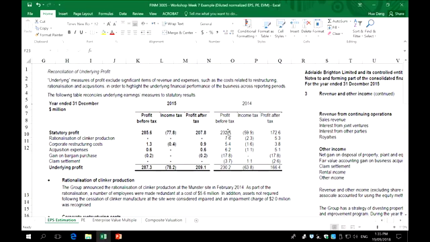The first section is an extract from the management analysis of its underlying profit. In some way, management tried to produce a normalized earnings to help investors understand its underlying performance. That's why it's called underlying profit.